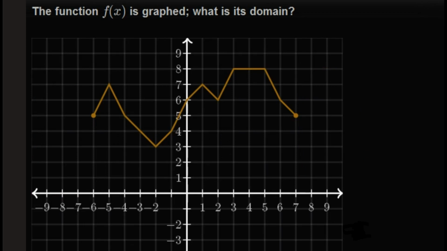There is no definition. There is no definitive point at those values. So our function starts at an x value of -6, and it ends at an x value of 7. Now remember, for domain, we're only caring about these x values. So in this example, we always read a graph from least to greatest. Our lowest x value is -6, and our greatest x value, our max x value, is 7.